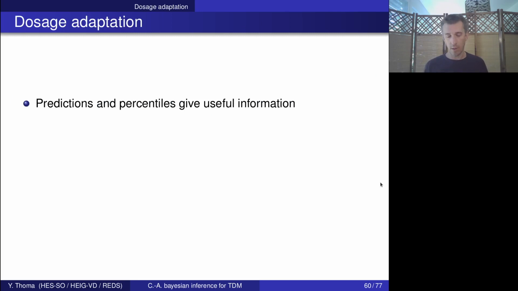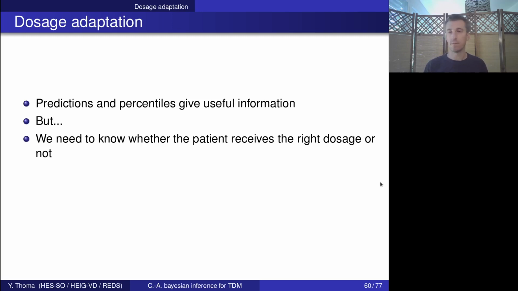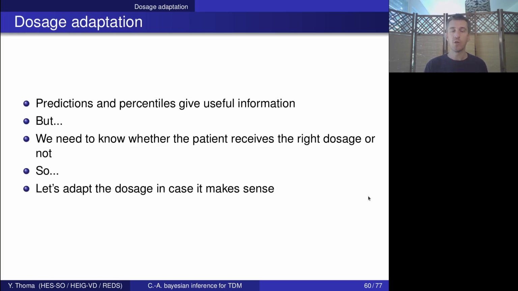So now we're able to assess the normality of the measure. We can predict, but then the idea is to see whether the dosage that our patient has is good or not. All right. So the idea is to try to adapt that dosage in case it is needed.